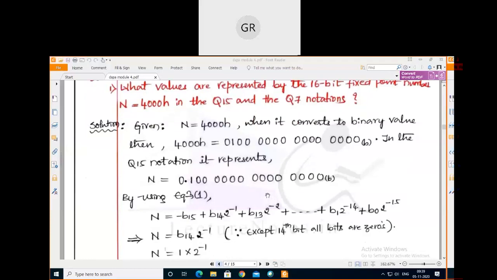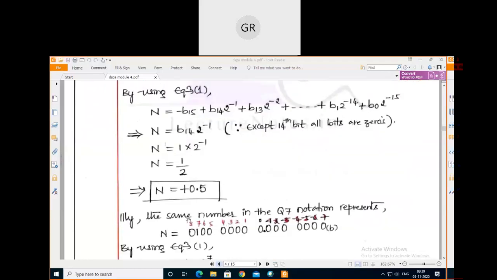Please go through this problem. After the decimal point, 0 multiplied with 2 raised to minus 1, 2 raised to minus 2, 2 raised to minus 3, with addition sign: 0 into 2 raised to minus 1 plus 0 into 2 raised to minus 2 plus 0 into 2 raised to minus 3, and so on.